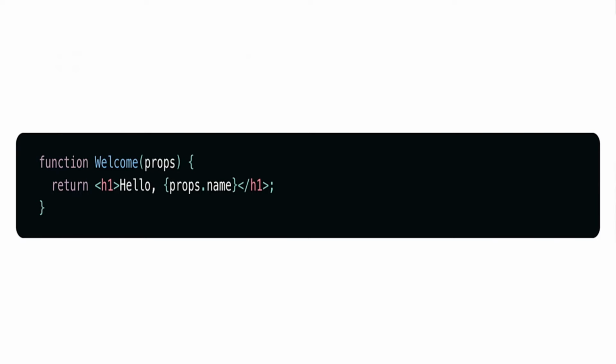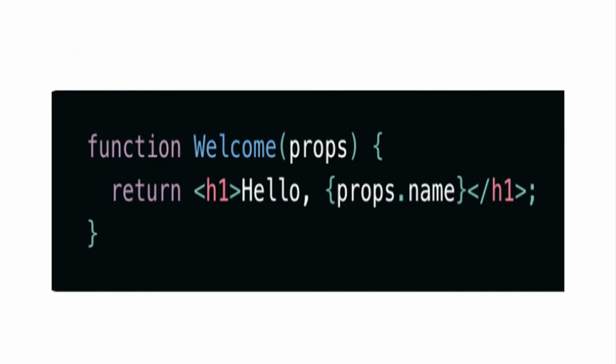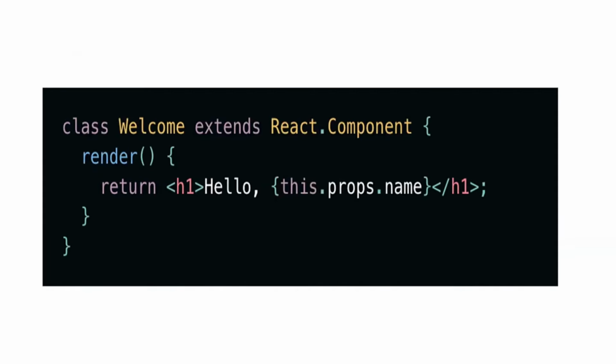In simplicity, the syntax will look like this. This function is a valid React functional component, simply because it accepts a single props object argument with data and returns a React element. So, if we are to do the same thing using the class component, the syntax will look like this.